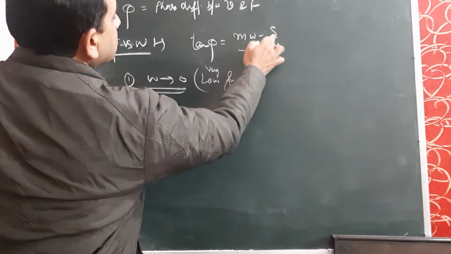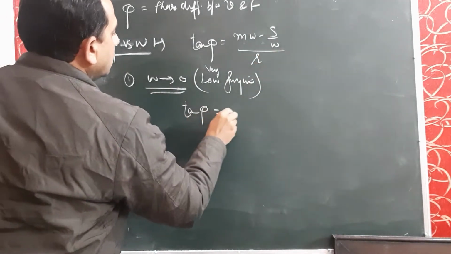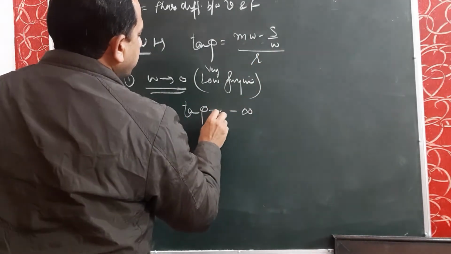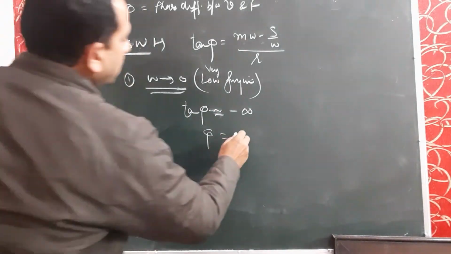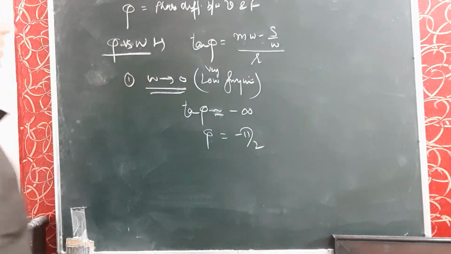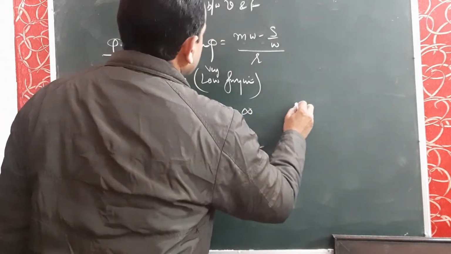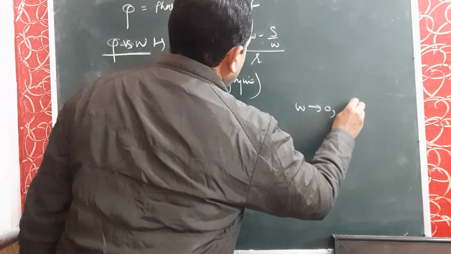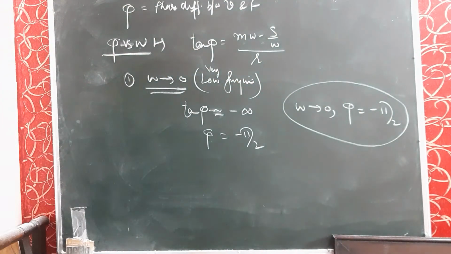So 0 minus infinity upon something means tan phi is minus infinity, and since tan 90 is infinity, tan minus 90 is minus infinity. So this is the first coordinate: when omega tends to 0, phi tends to minus pi by 2. This is the location of the first point in the graph.